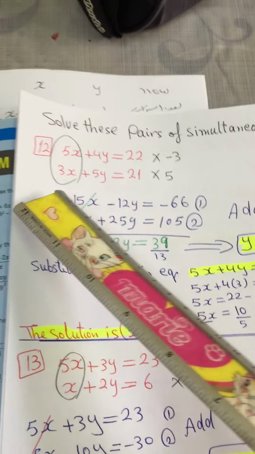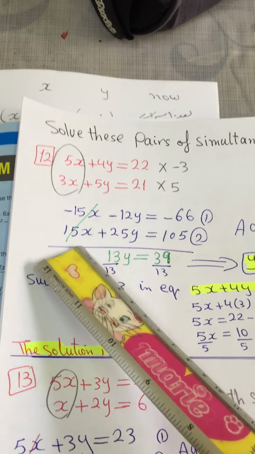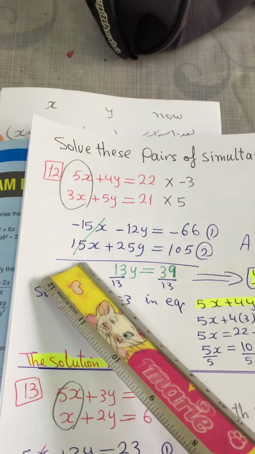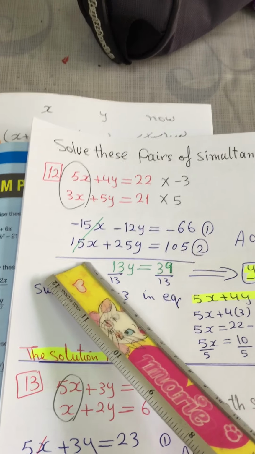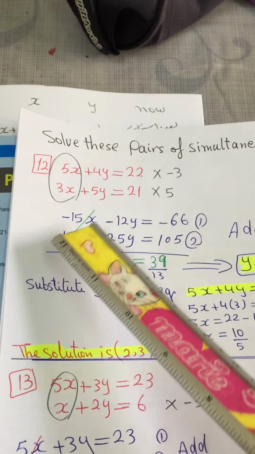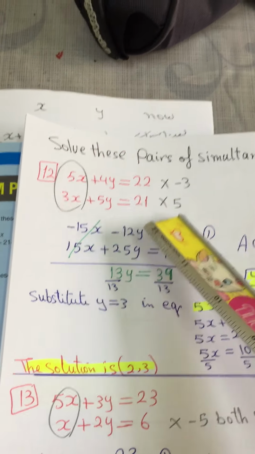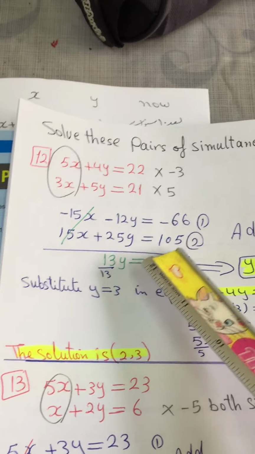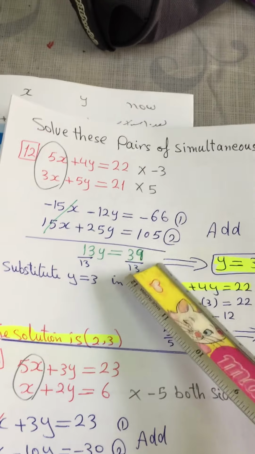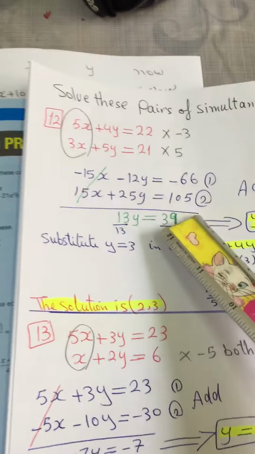And the bottom I'll multiply by 5, so we have 15x. Now I have positive and negative 15x, opposite signs, so they eliminate. And here 5 times 5y equal positive 25y, and 5 times 21 equal 105. Label the two equations: this is 1 and this is 2.